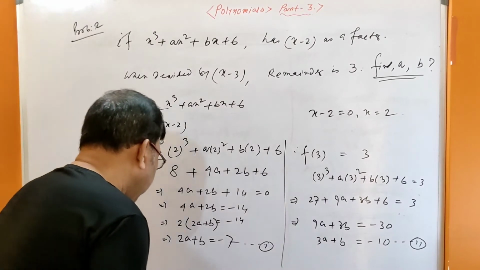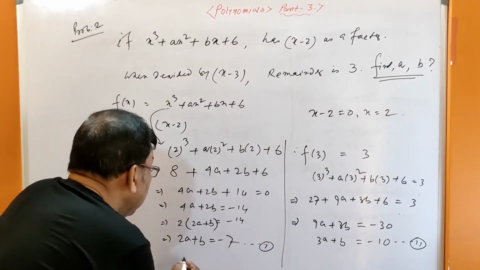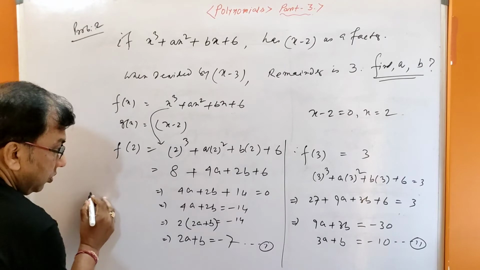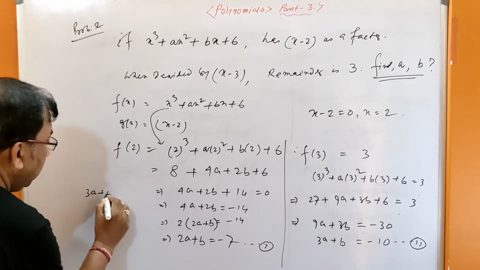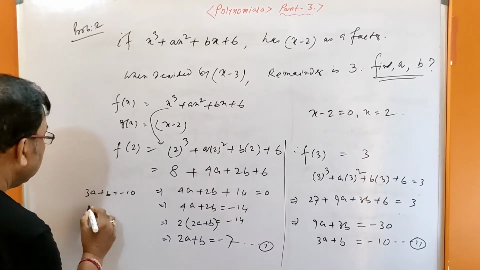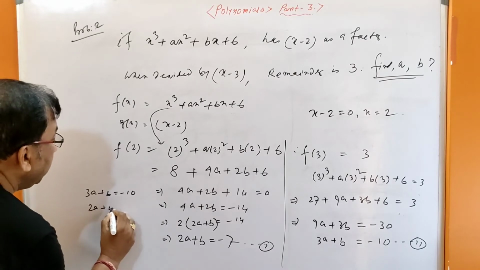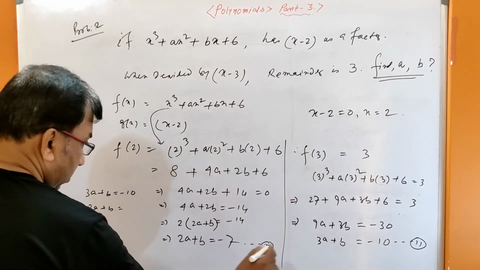And here a will be: 3a plus b equals minus 10 and 2a plus b equals minus 7.